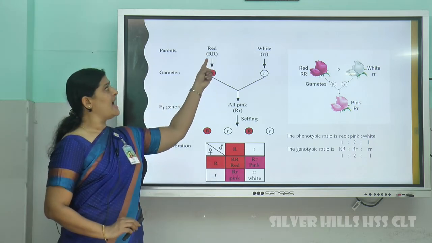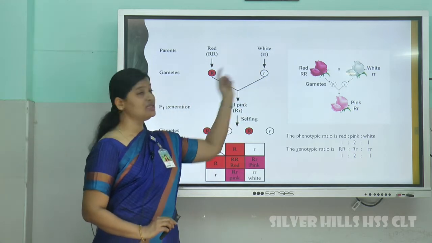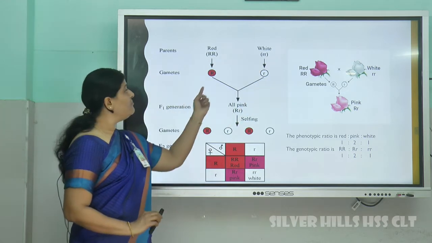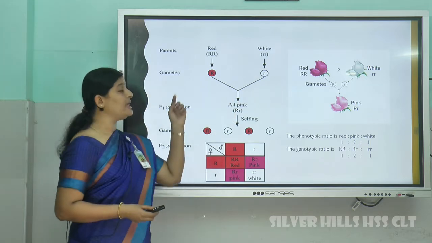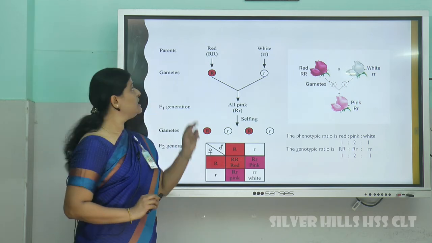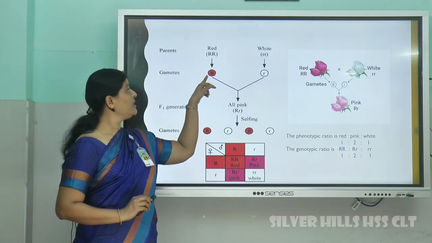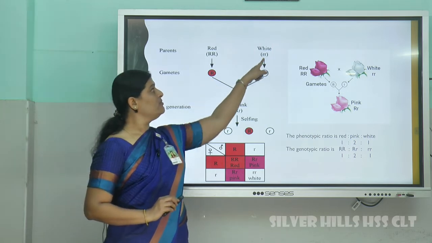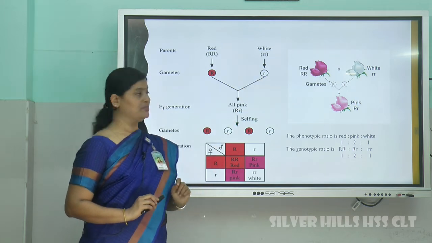Red has the factors capital R, and white has the factors small r. When they are cross-pollinated, what happens? You know that from one parent, only one gamete enters, isn't it? So this gamete has only one factor, capital R, and from this parent, small r comes.